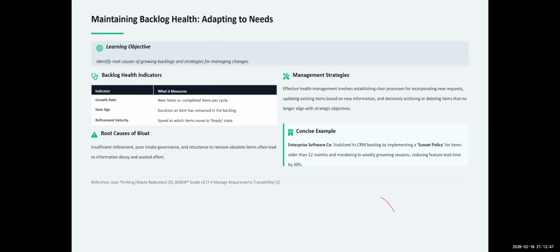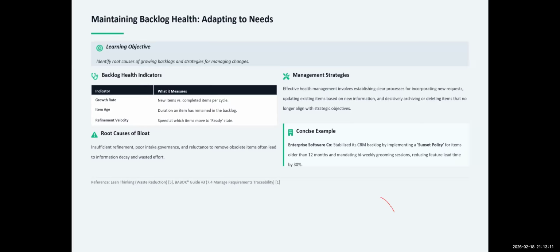Then you need to also talk about refinement velocity. What's the speed at which you go and check the items, whether it's a defect or a user story? What is the speed at which you are changing those items from the state of being logged to a state of ready?